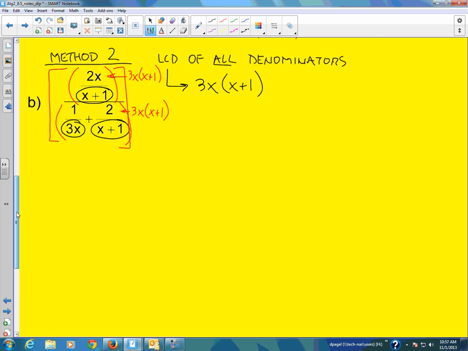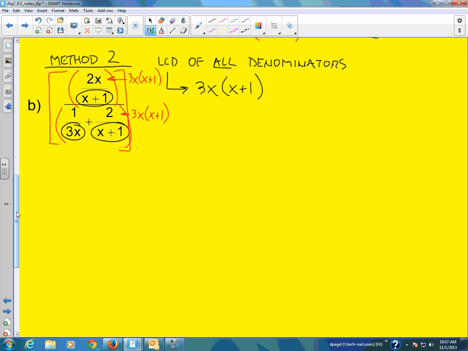So what does this look like now? I've got a 2x over an x plus a 1 getting multiplied by 3x times x plus 1.